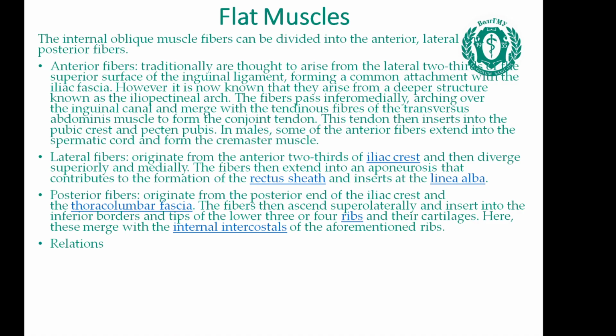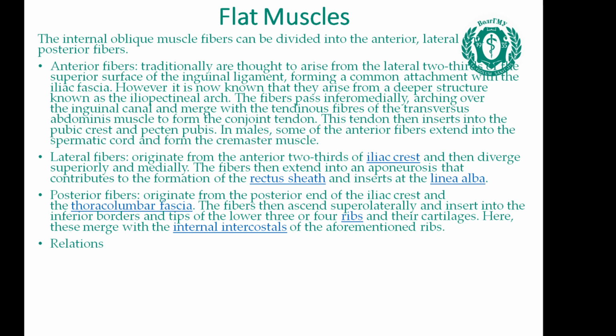The internal oblique muscle fibers can be divided into the anterior, lateral, and posterior fibers. Anterior fibers traditionally are thought to arise from the lateral 2/3 of the superior surface of the inguinal ligament, forming a common attachment with the iliac fascia.